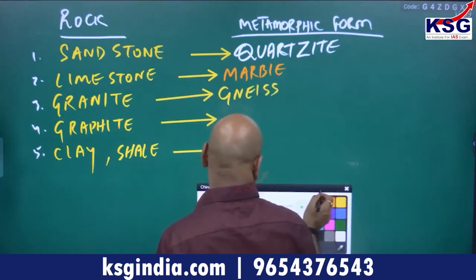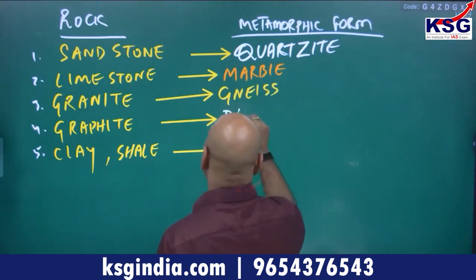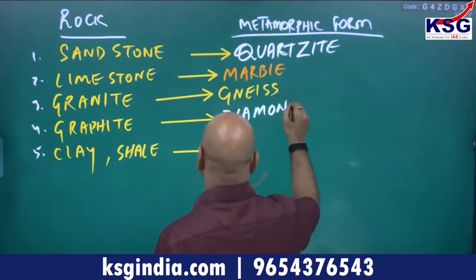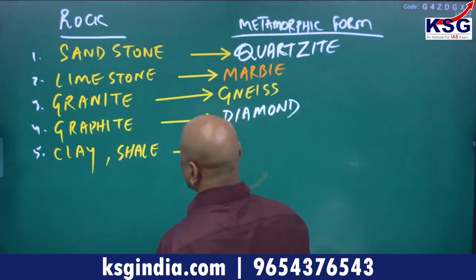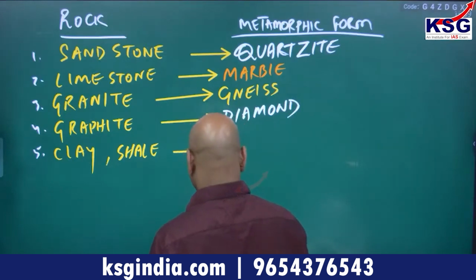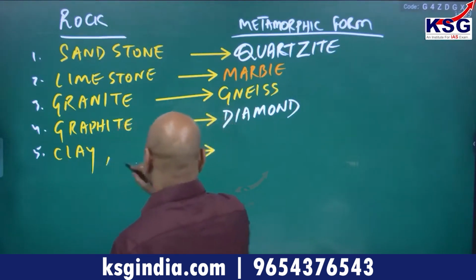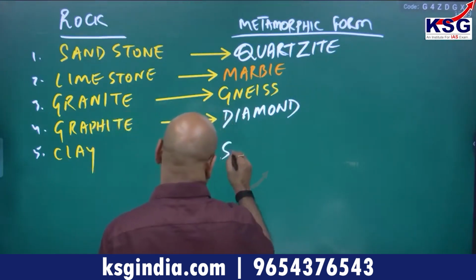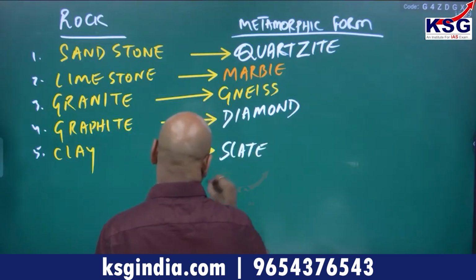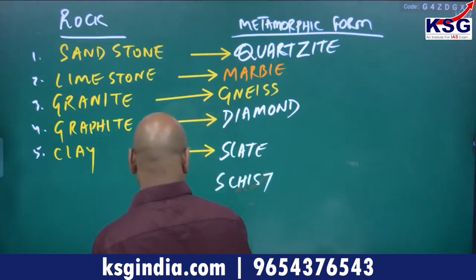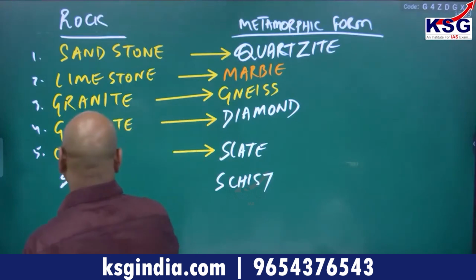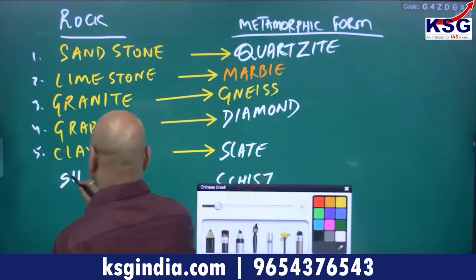Graphite will form diamond. Shale, schist, clay, slate.